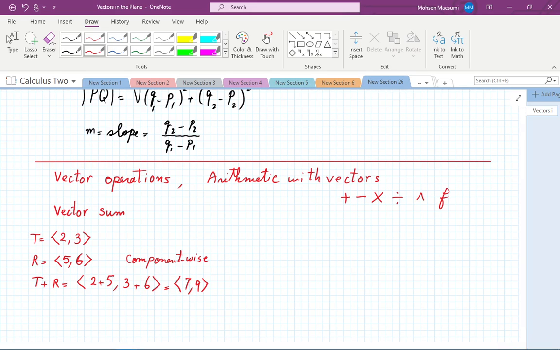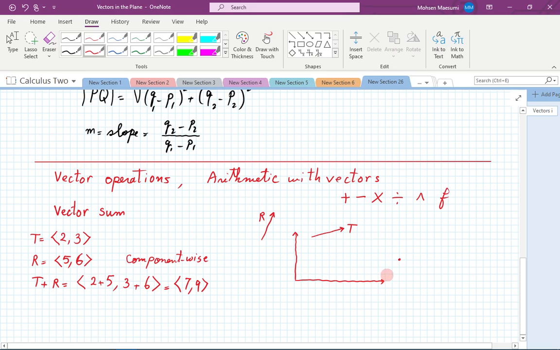But what does this mean? Remember, we said we can think about vectors as displacements, and the simplest way to understand the vector sum is in terms of displacement. If I have vector t and some other vector r here, how do I add them up? We said we can move the vectors around and it still will be the same vector, so we choose some base of operation.